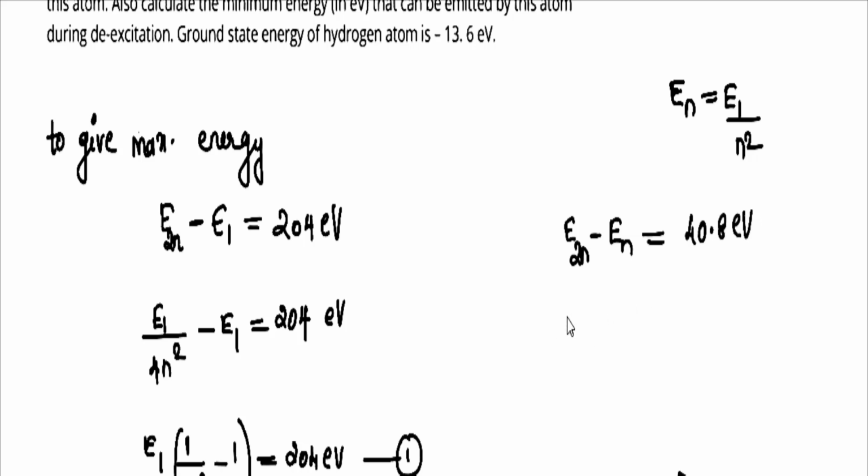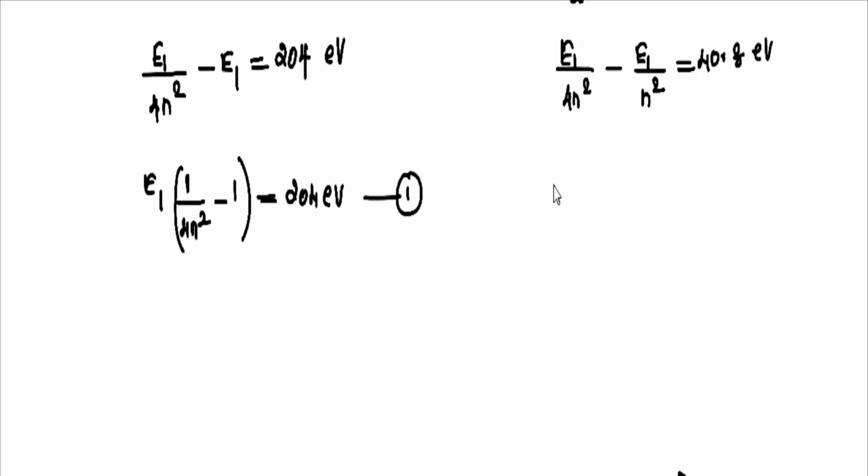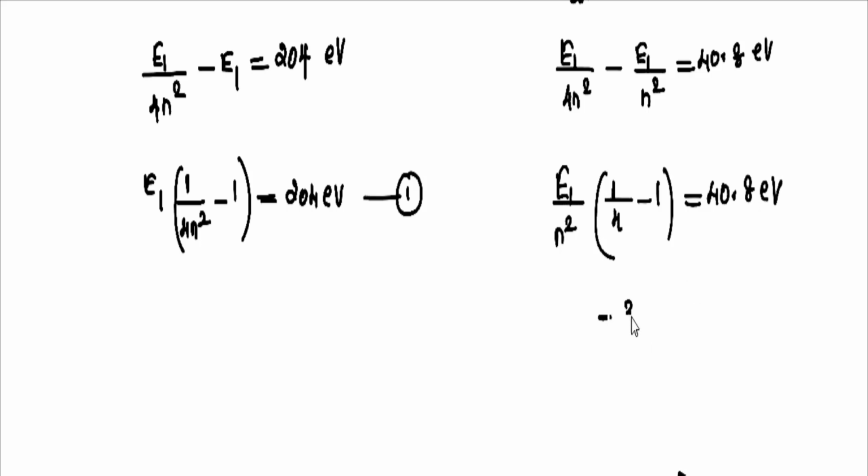We can substitute the value, that is E1 divided by 4n square minus E1 divided by n square is equal to 40.8 electron volt. We can take E1 divided by n square as common, and (1 by 4 minus 1) equals 40.8 electron volt, or minus 3E1 divided by 4n square is equal to 40.8 electron volt.